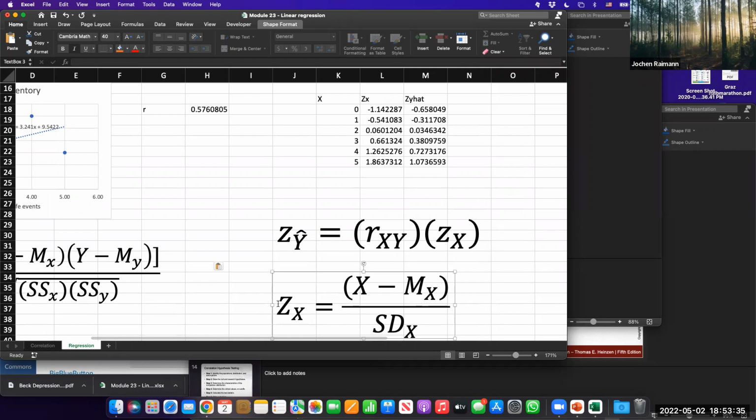So now replace that z x with a z y hat, use the mean of y and the standard deviation of y, you actually get your predicted y. And that's the beauty of a standardized regression equation, because you can use this to calculate now your raw scores by basically reversing this equation.